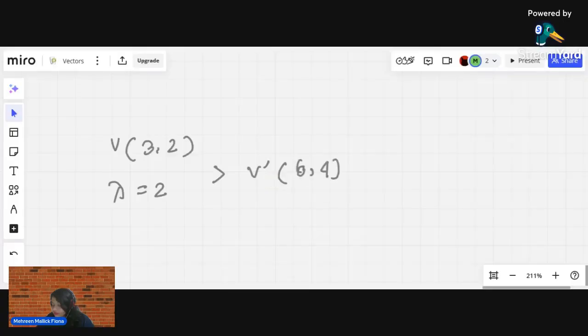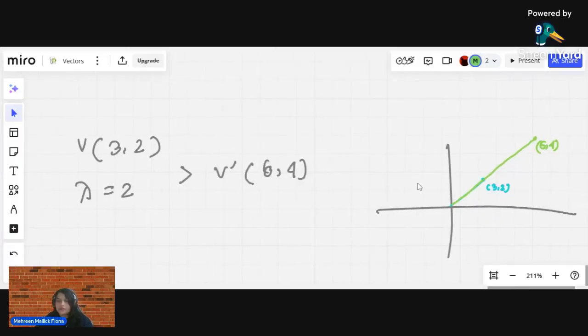If I want to see it in action, initially it looked like 3 comma 2. After multiplying it by 2, the length extended by double, and the new one is 6 by 4. So it would visually look something like this.